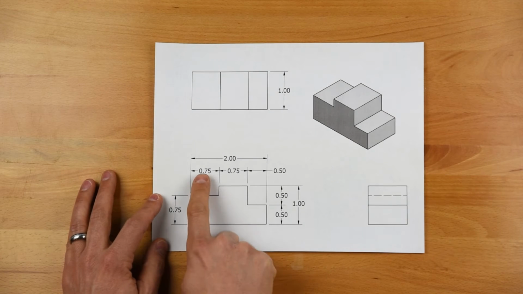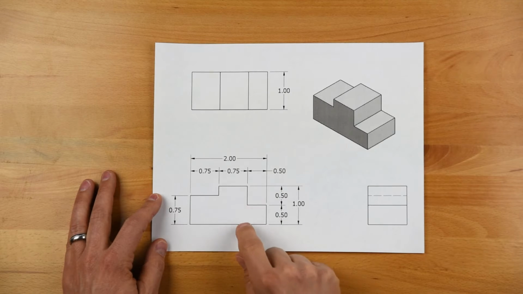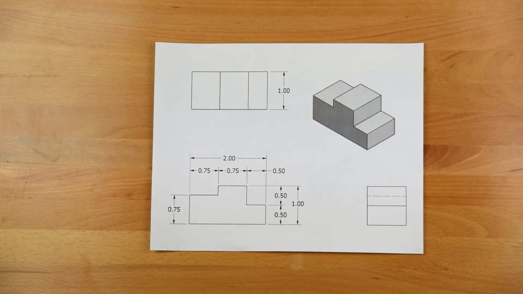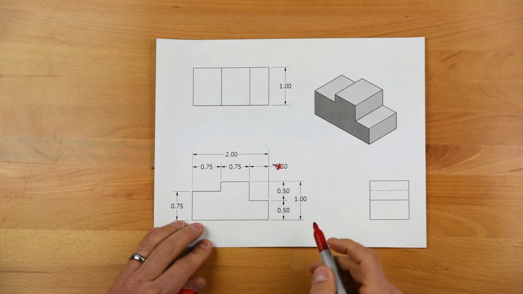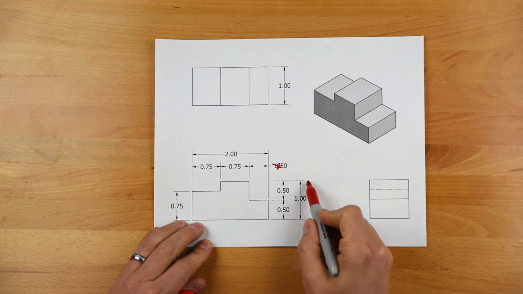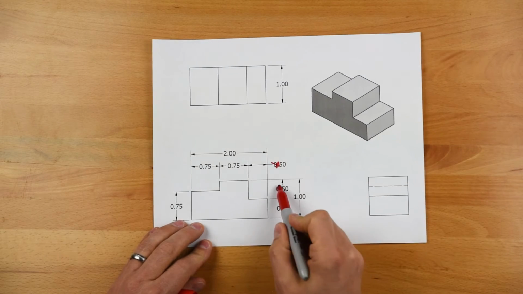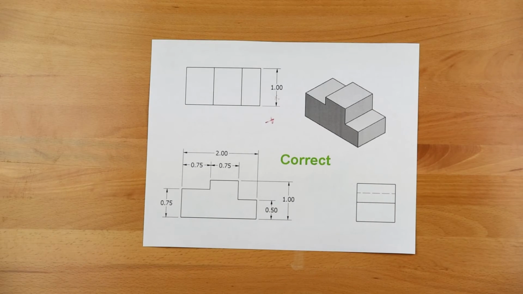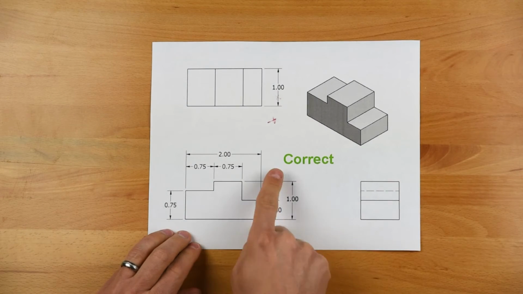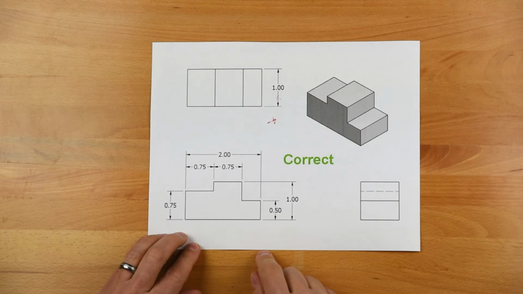You can see here we have the total distance stacked up here and the total distance here as the 2. Here we have the same information twice. We have 1 inch, we have 2 1/2 inches. So we're really going to want to get rid of one of those. So what we're really looking at is a correct way to not have duplicate information.